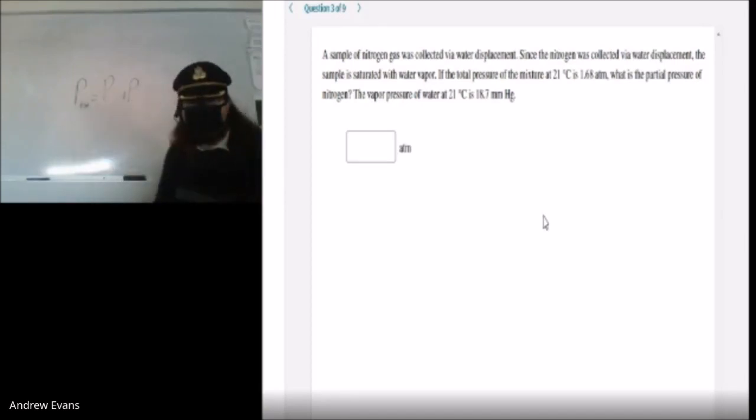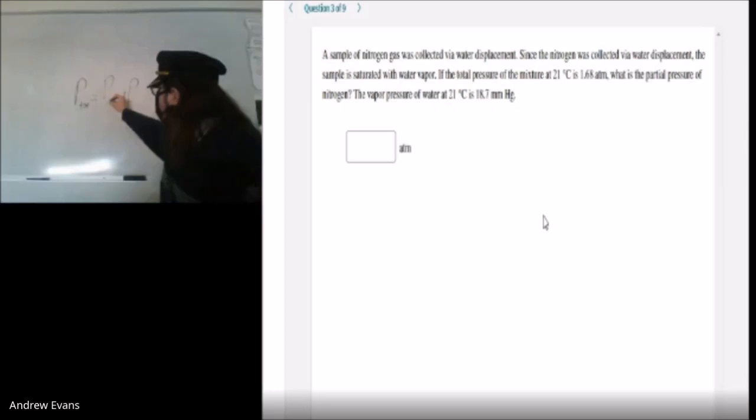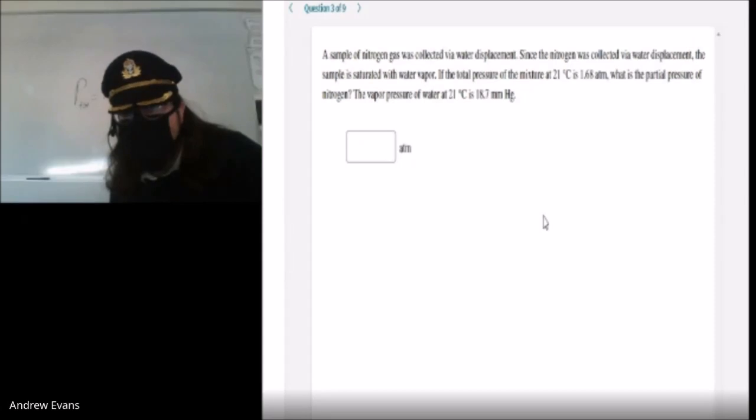So, reading this problem, a sample of nitrogen is collected via water displacement. Since nitrogen was collected via water displacement, the sample is saturated with water vapor.